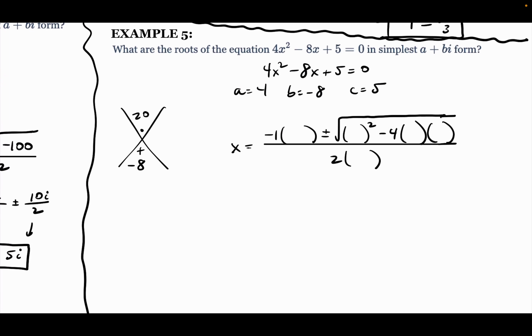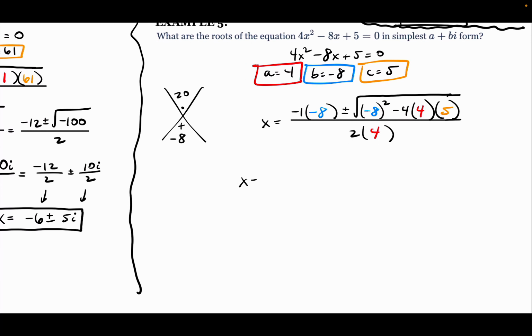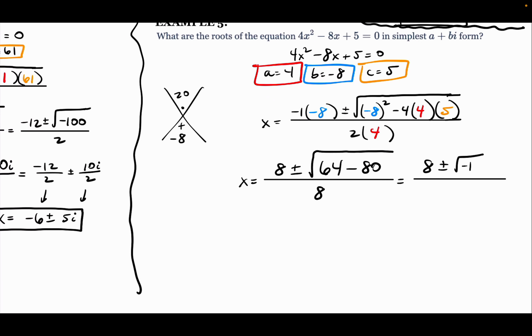Okay. A is 4. B is -8. C is 5. So we get -1 times -8 makes +8, plus or minus 64 minus 80 over 8. 8 plus or minus the square root of -16 over 8.